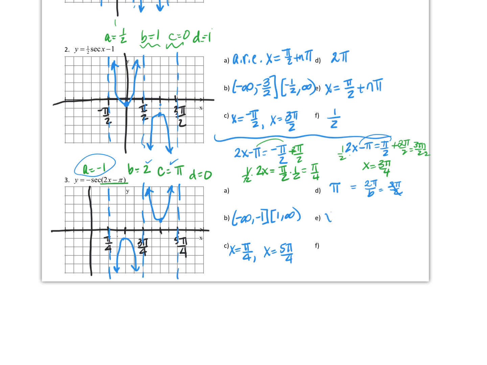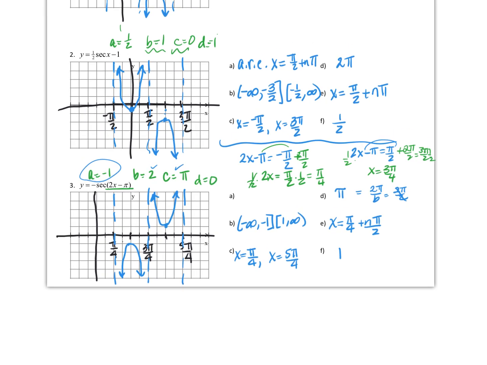All right, E is my asymptotes, so x equals pi/4 plus n times half a pi, half the period. So the period is half a pi. And then my amplitude is just 1 because the absolute value of -1. So then we do this. Last thing is the domain: all reals except where x is equal to pi/4 plus n pi/2.